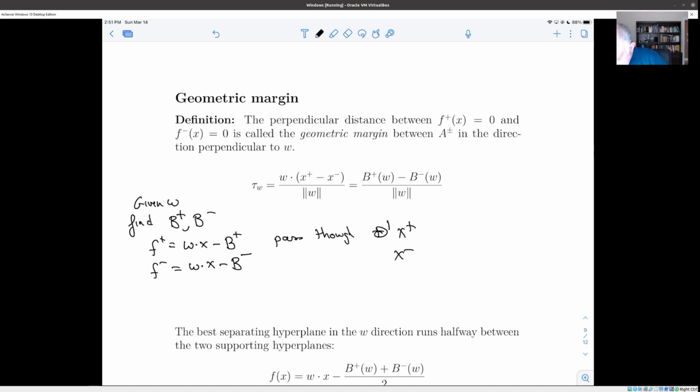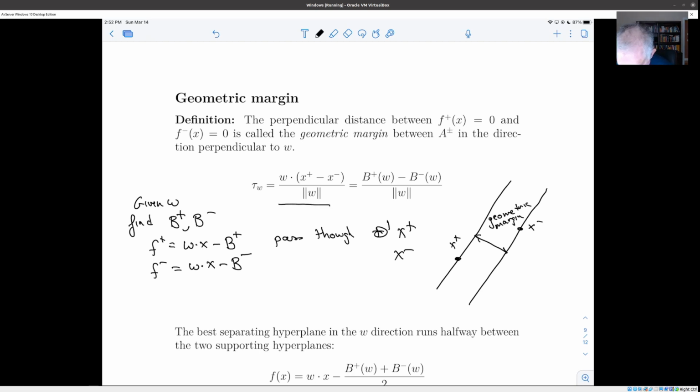Then we're in this situation. Here are these two parallel hyperplanes with the same normal vector W, and we have a point x plus here and a point x minus here. The perpendicular distance between those two supporting hyperplanes is called the geometric margin for the direction W. And that distance is given by this formula.